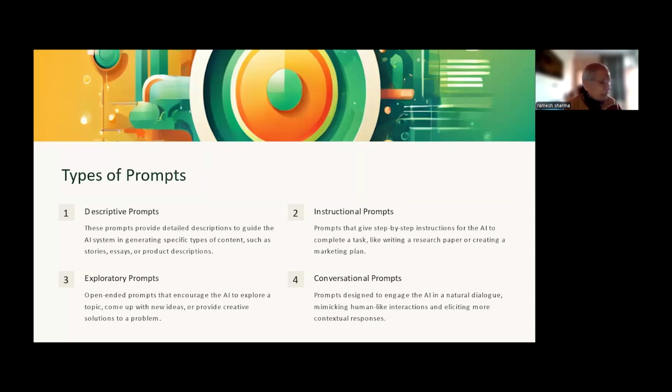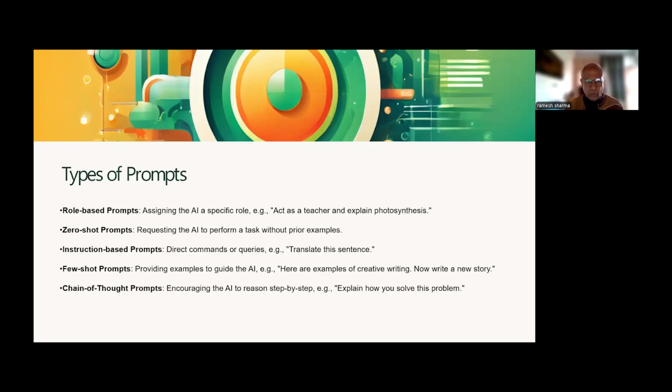And then exploratory prompts. These are open-ended prompts which encourage the AI to explore a topic. And conversational, in which we talk to it like we are talking to some human being, and then discuss some issue.